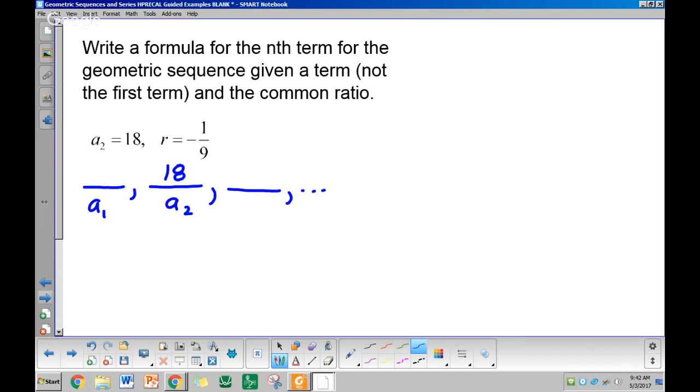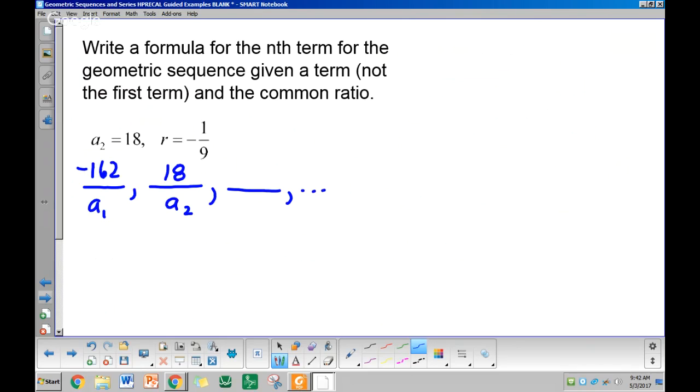How do I get backwards? Multiply by negative 9. That's right. So that's going to be negative 162 goes here. So everybody follow what we did? You just divide by the ratio.